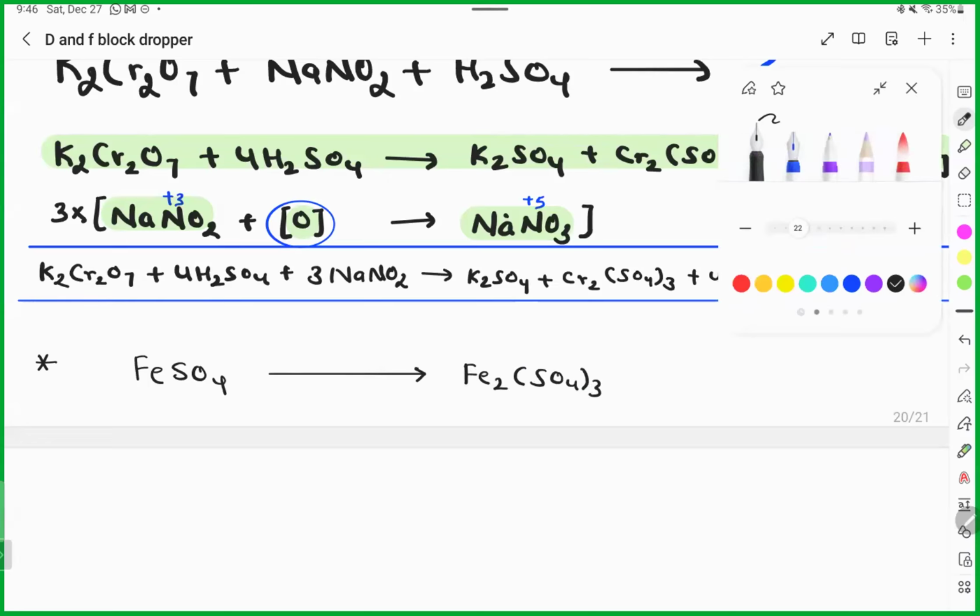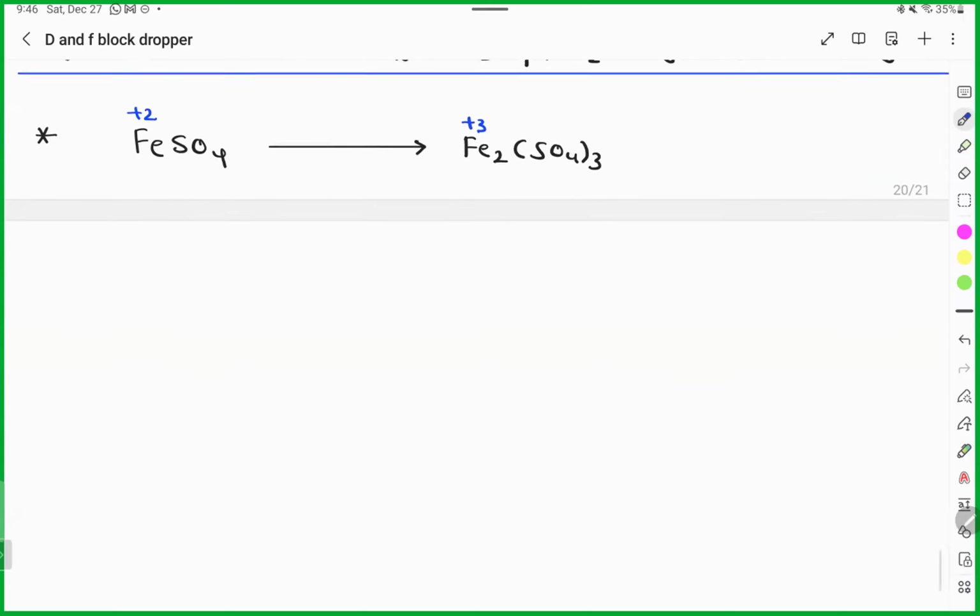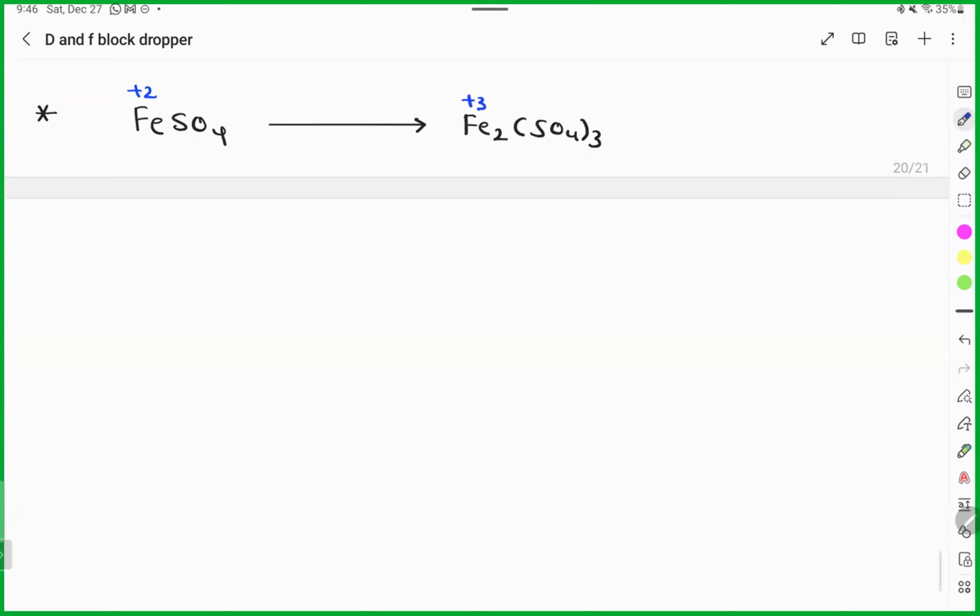How do I know that there will be only this conversion? Because here you have +2. It can convert into +3 only. This is the only possibility. Correct? Now, all of you write the equation with K2Cr2O7.